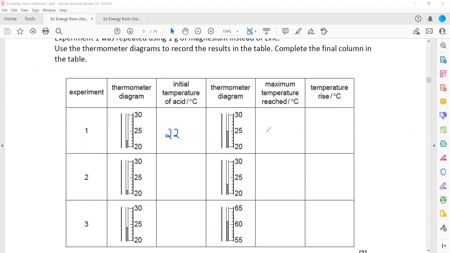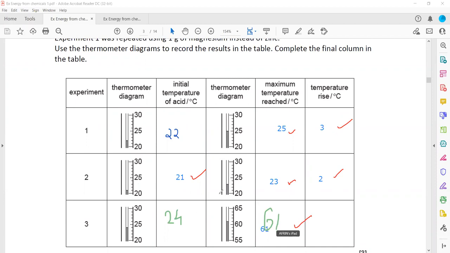What is the maximum temperature here? It's 23, right? 61.